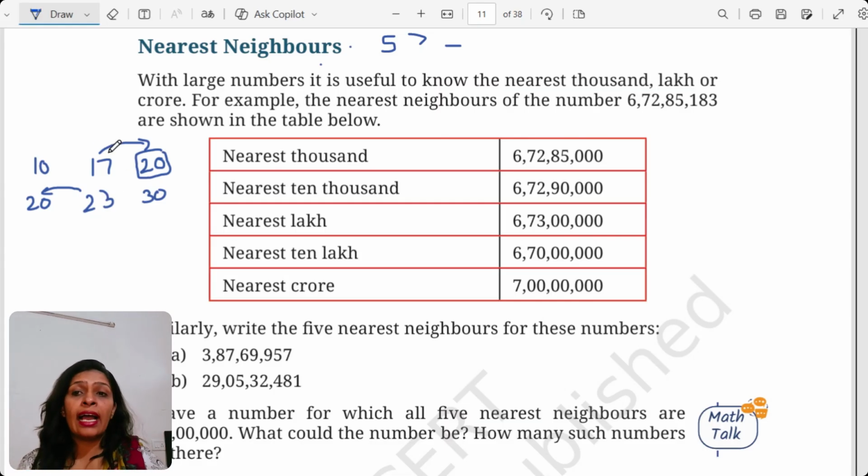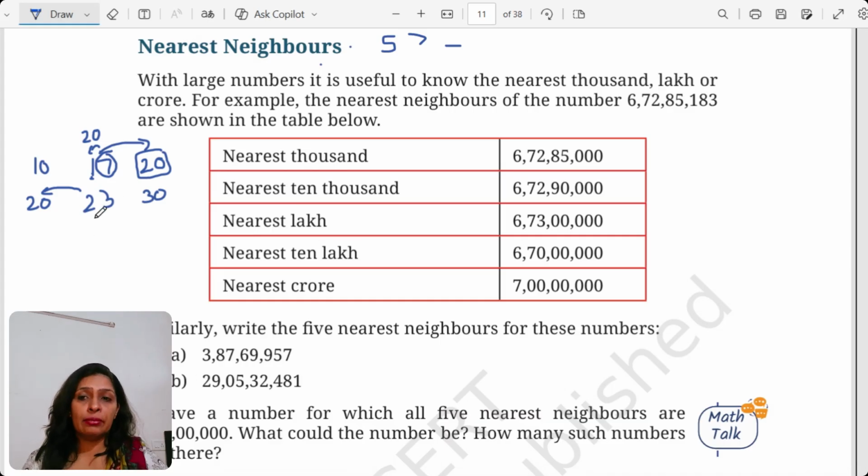So what I said, I have to go to the nearest tens. The tens place is 1 here. So what I'll do is check this 7. 7 is greater than 5, right? So, as I already said, when a number is greater than 5, it will increase the next number by 1. It is already 1, so it will increase it by 1. So 1 plus 1 becomes 2. So this number becomes 20.